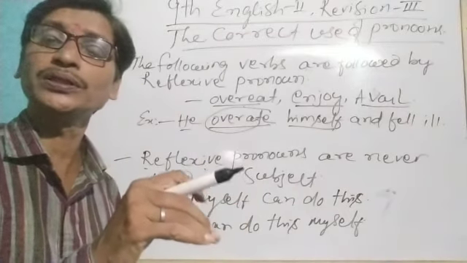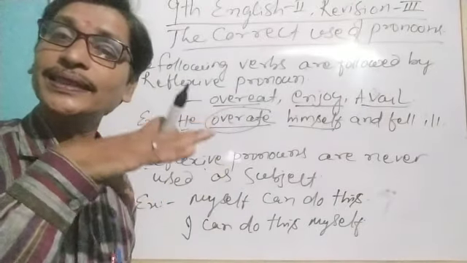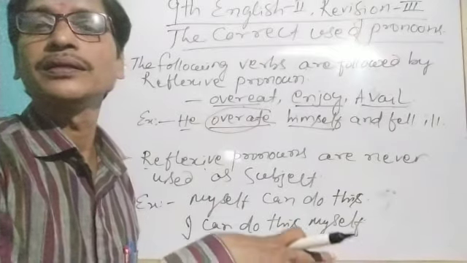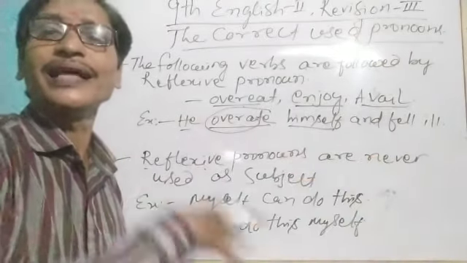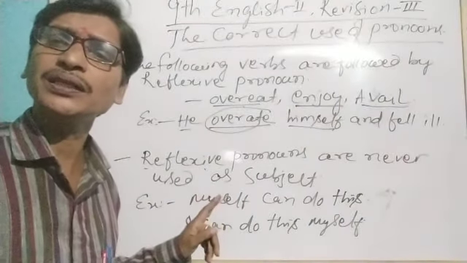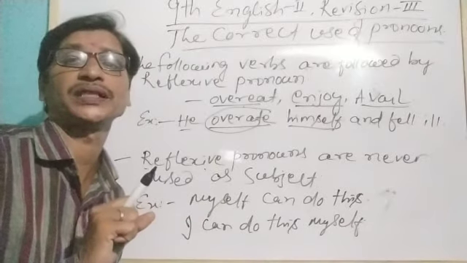Just like we use a pronoun as a subject, like I am a boy, she is a girl, they are my friends. So we use some pronouns as a subject, but the reflexive form of the pronoun can never be used as a subject.